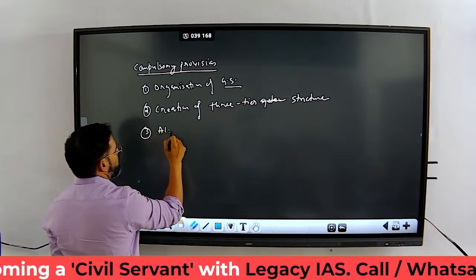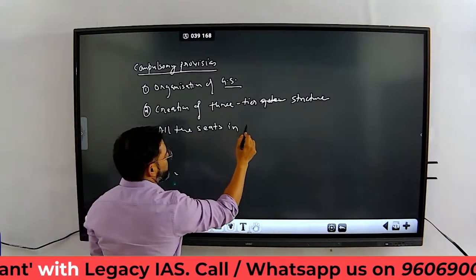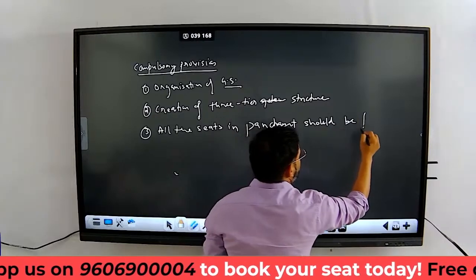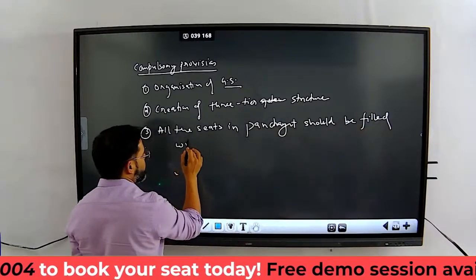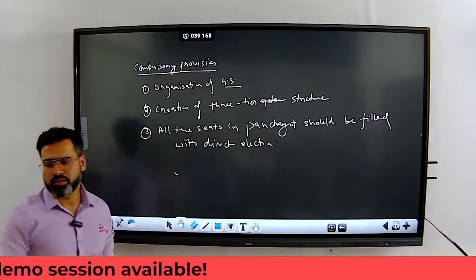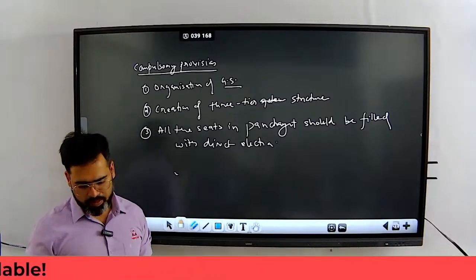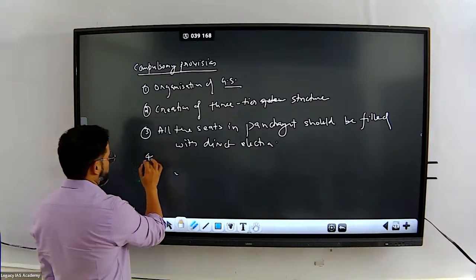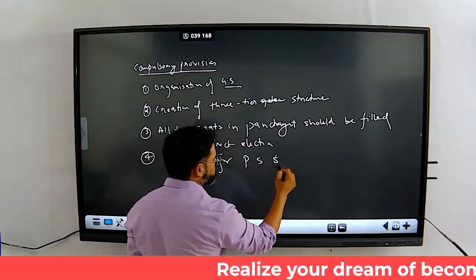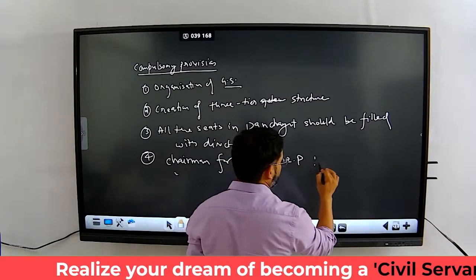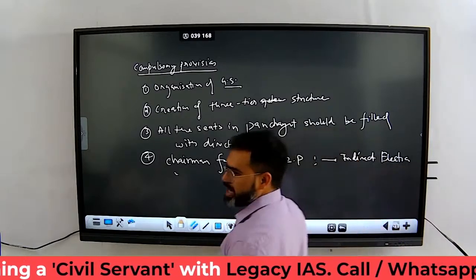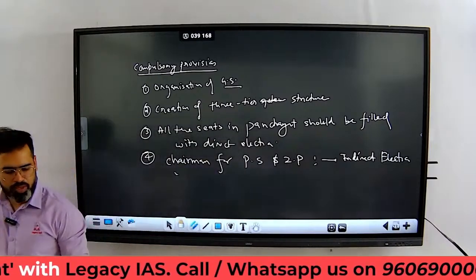Third, all the seats in the panchayat should be filled with direct elections. So whichever seats of members you saw, they were direct elections only. The chairman for Panchayat Samiti and Zila Parishad is in direct elections. This is also compulsory.